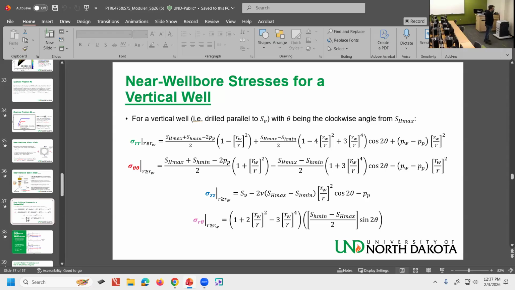Then we went the other way, very far away from the wellbore, R much bigger than RW, so those fractions become 0.